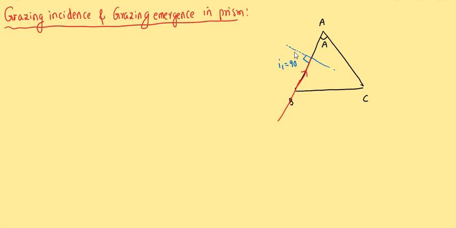The angle between the incident light ray and the normal is called the angle of incidence. In the case of a prism, the angle of incidence we consider as I1, and that I1 is 90 degrees here. After the refraction, it will bend towards the normal, it cannot go straight, and the light ray will go like this.